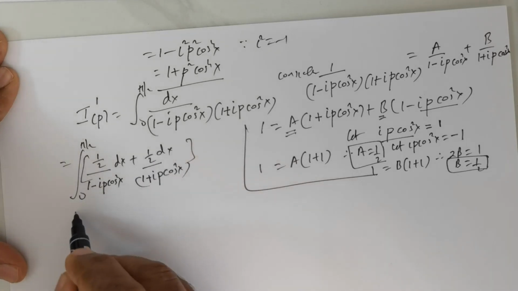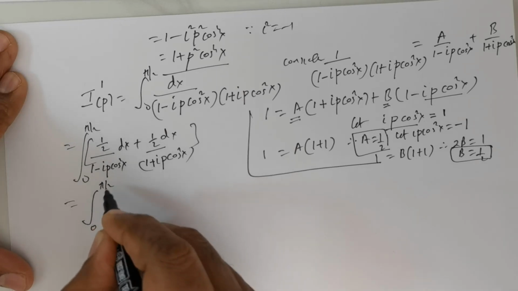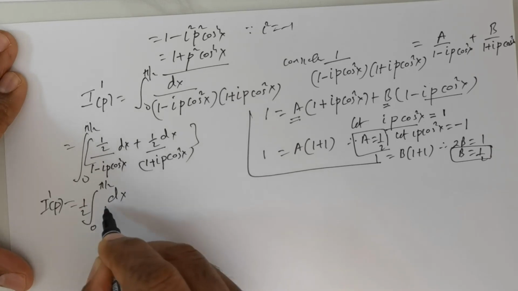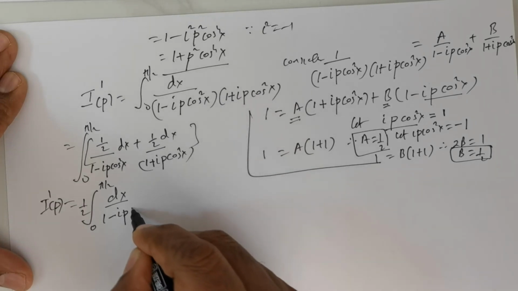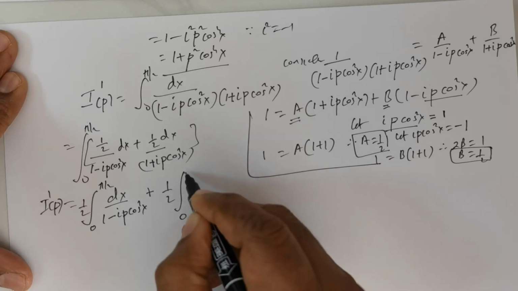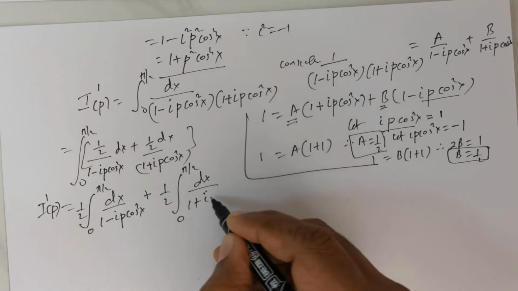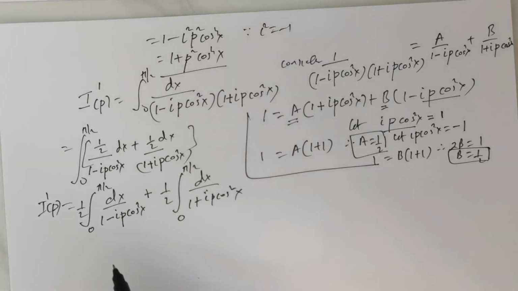I can split the operator inside or distribute the operator. So on the left it's I dash of p, integral 0 to pi over 2 of 1 over 2 times dx over 1 negative I times p times cos squared x plus 1 over 2 times integral 0 to pi over 2 dx over 1 positive I times p times cos squared x. So we got two quantities to be integrated, right?